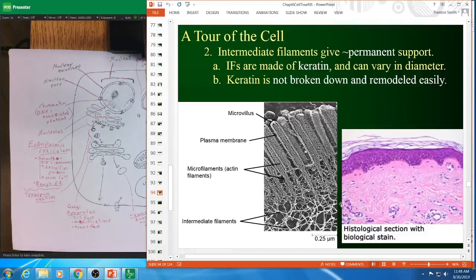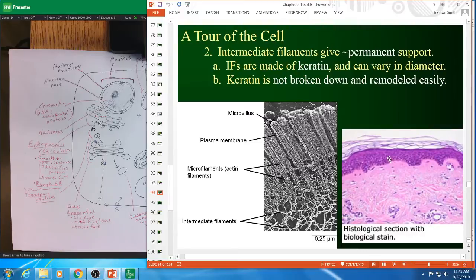Another thing is that in your skin cells, these cells here are the cells at the bottom of your epidermis. These cells that I'm running across right here are the epidermis. Down here is the dermis. We'll probably see that tomorrow in lab. So the cells at the bottom layer of the epidermis are alive and dividing.